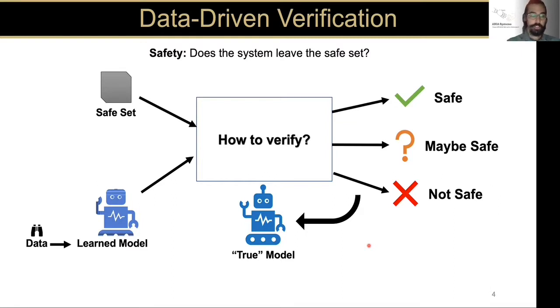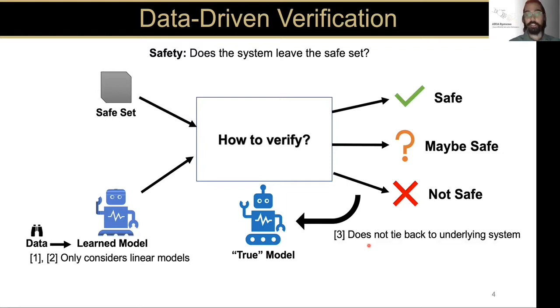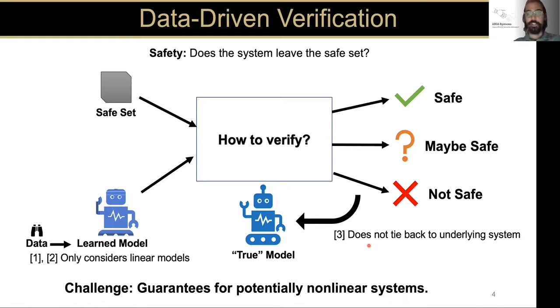And other people have looked at this before. Prior work has considered only linear models, and others have tried to learn nonlinear models but don't tie it back to the underlying model. So this begs the question, how can we generate these guarantees for potentially nonlinear systems and still tie them back to the underlying model? So our framework does this by extending existing model-based verification techniques.